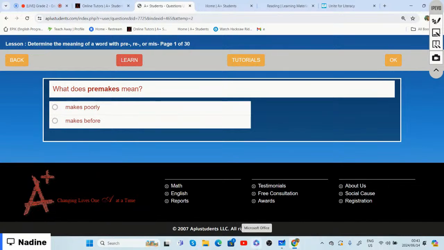Option one, makes poorly, or option two, makes before? So premake, does it mean to make poorly or makes before?